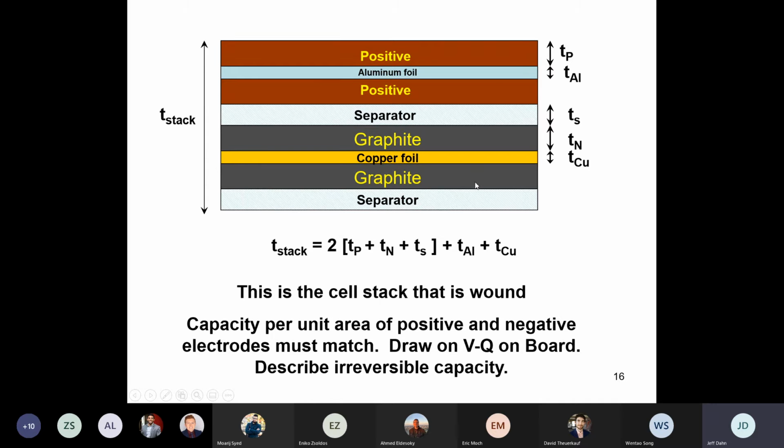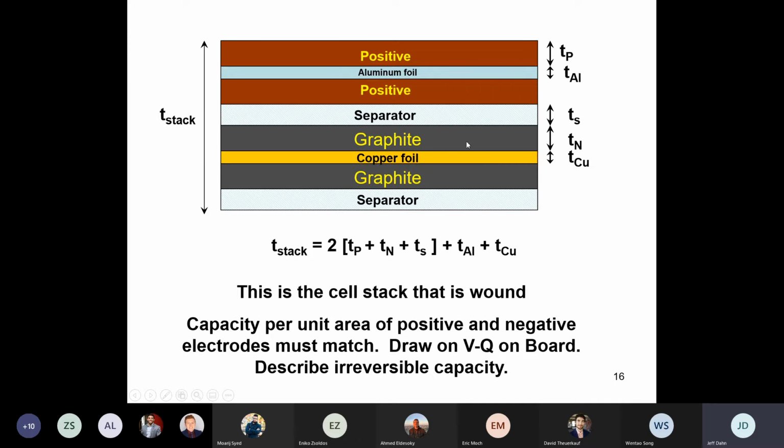And what we have to do here is figure out, if we know the characteristics of the positive electrode, for example, how thick it is, what the mass per unit area is, what the specific capacity of the positive electrode material is. If we know all these things, how do we figure out what type of a graphite electrode we should put next to it so that the cell is balanced?